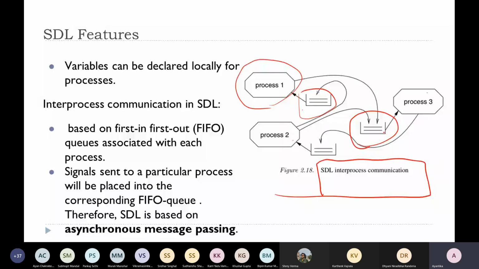With the FIFO concept of the queue, first in first out, whichever signal comes first is getting out first. So process 3, process 2, whoever it may be, takes from its respective queue, fetches out the signal values and considers the transition based on the signal values.